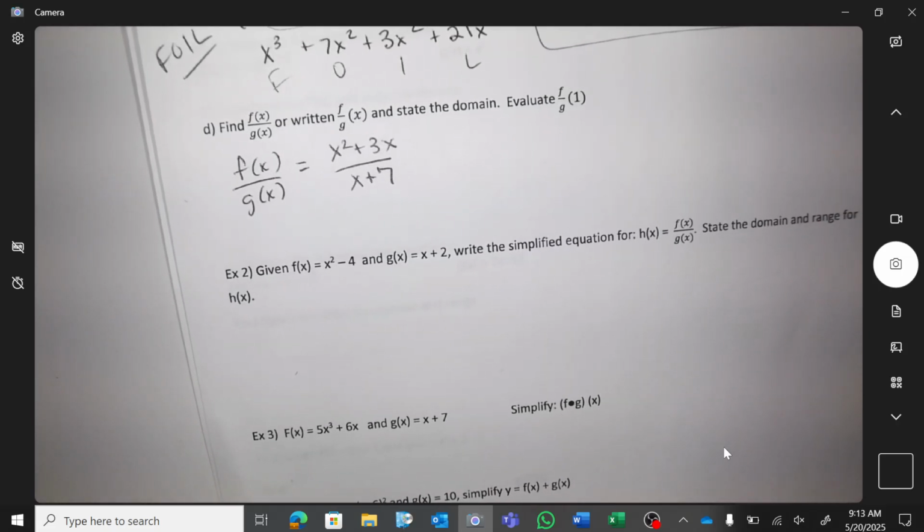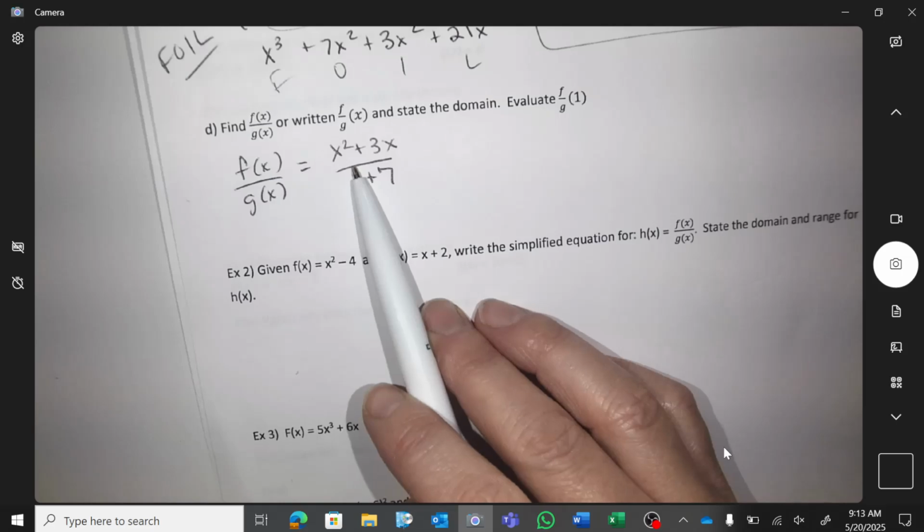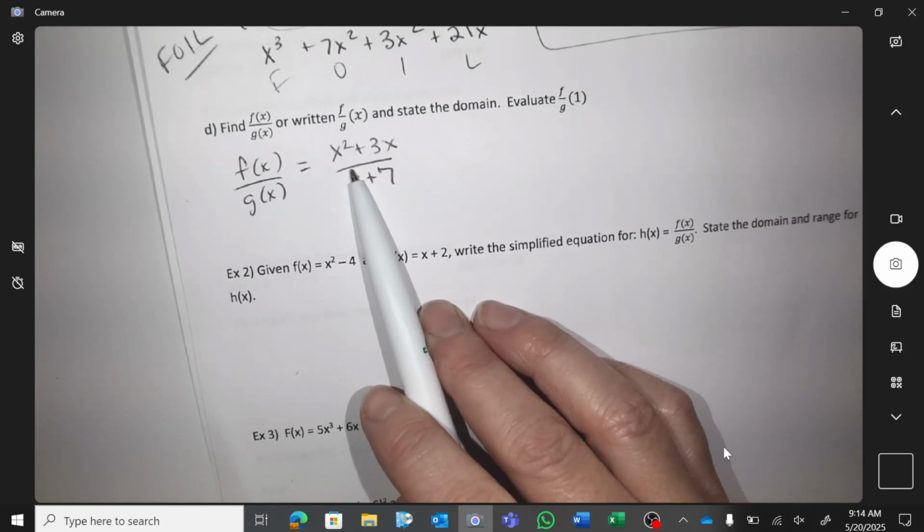Okay, so if you wanted to simplify this, you could factor and reduce. Okay? There is something that factors. You could GCF here, right? X bracket x plus 3. You see it? Is that going to get you any cancellations though? No. So I don't even need to do that.